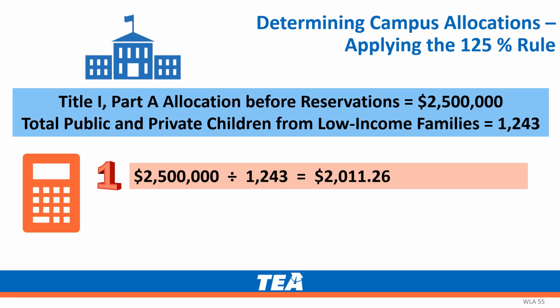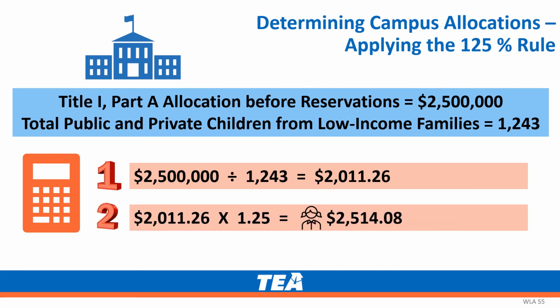However, we must now complete step 2 of the calculation to determine what is 125% of the LEA's allocation per low-income child, which would be $2,011.26 multiplied by 1.25, which equals $2,514.08.